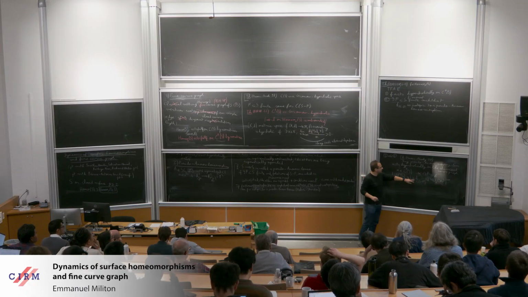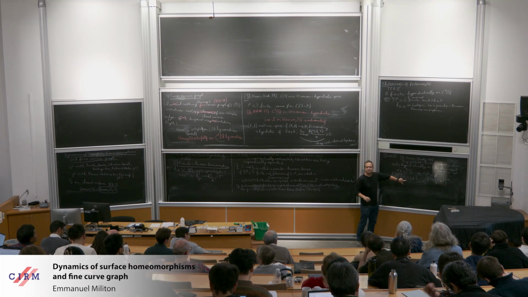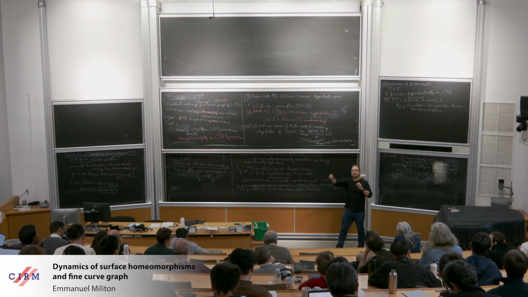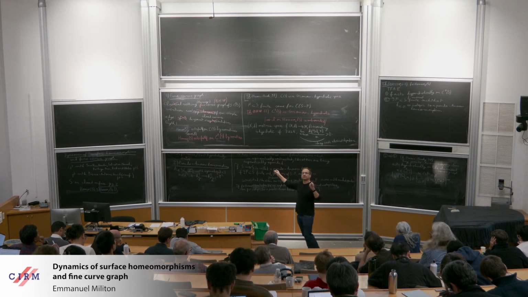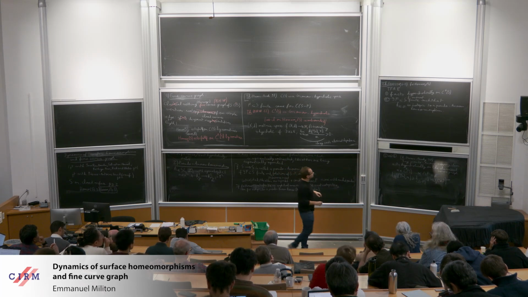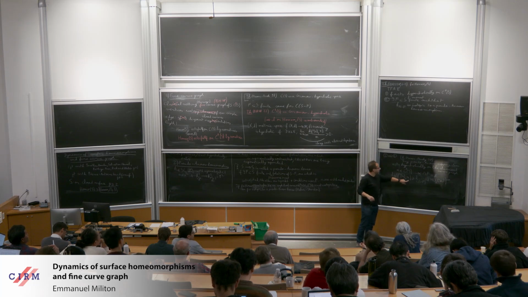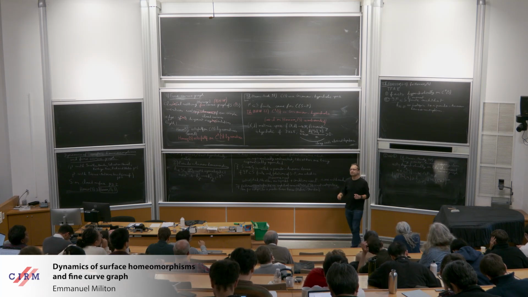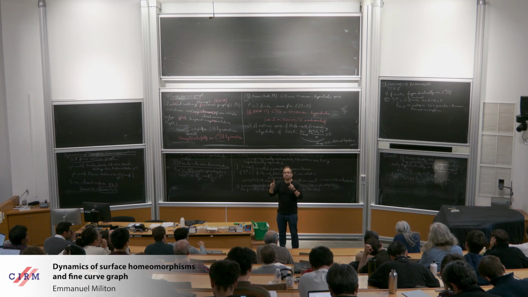So we have such an inequality. This inequality is easy to prove. You just take some geodesic here, a geodesic on the graph is just given by a sequence of vertices of the graph. So you take two consecutive vertices in this geodesic. Those are disjoint curves. Okay?